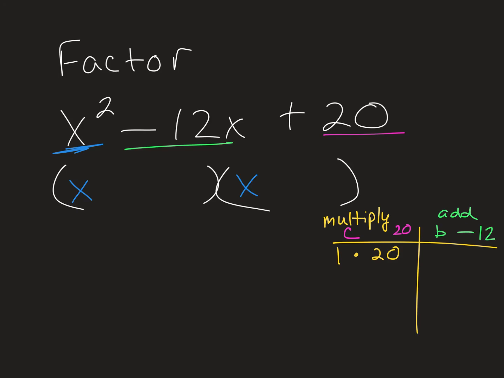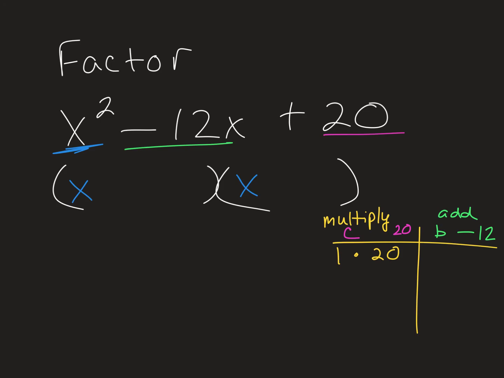So none of the numbers in this column are going to be positive. And here's why: anytime I multiply a positive times a positive, I'm always going to get a positive number, so you can't ever multiply a positive times a positive and get a negative number.